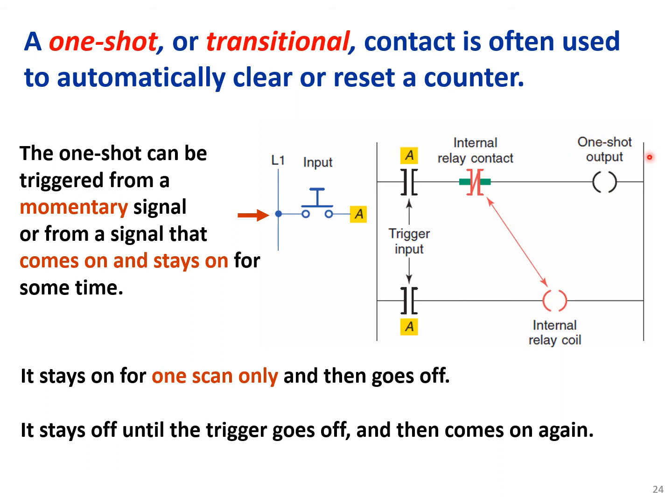So this one-shot output stays on, or true, only for one scan time. It stays on for one scan only and then goes off. It stays off until the trigger goes off and then comes on again.